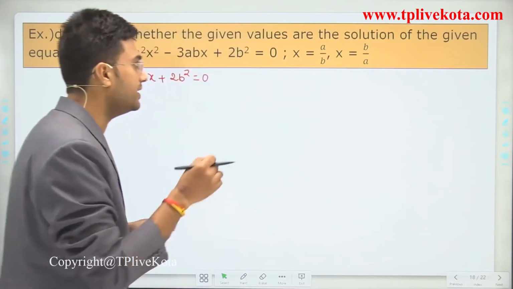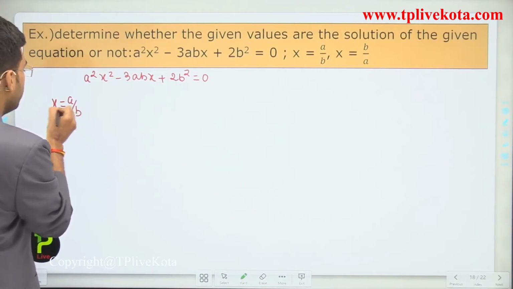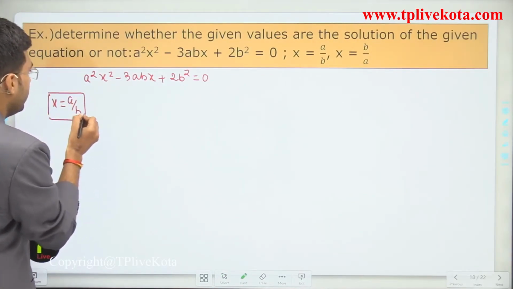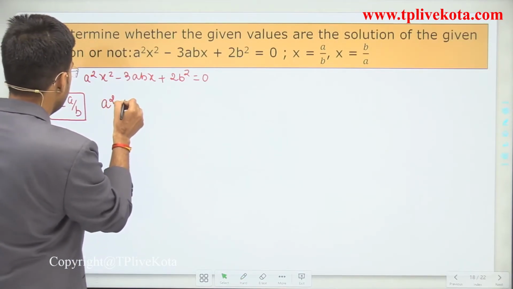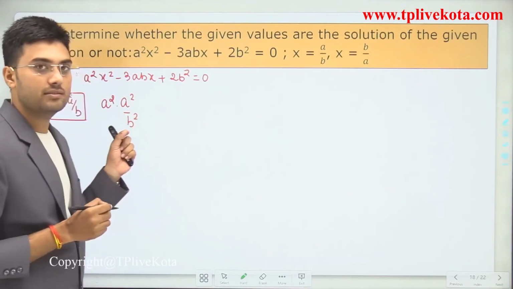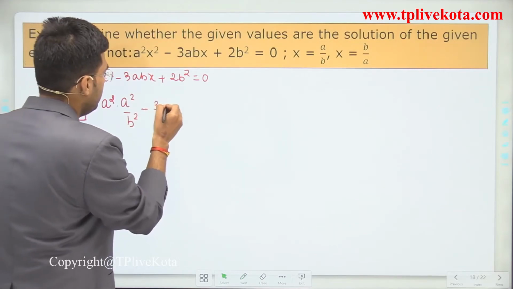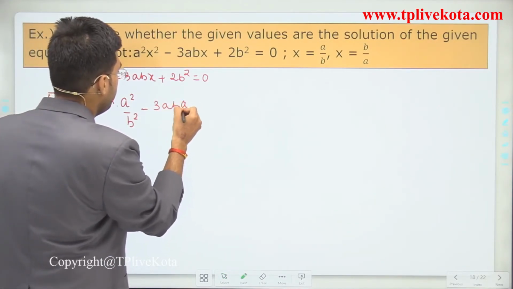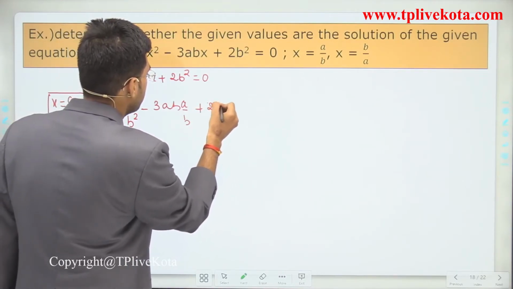So first of all, let's check for x is equal to a divided by b. So it is equal to a square multiplied by a square divided by b square, when we replace x with a divided by b, minus 3ab multiplied by a divided by b plus 2b square.